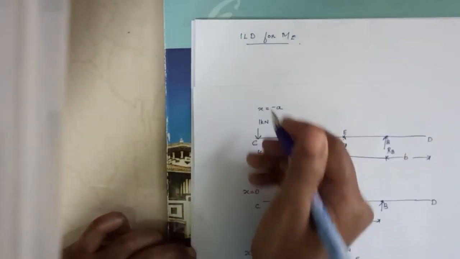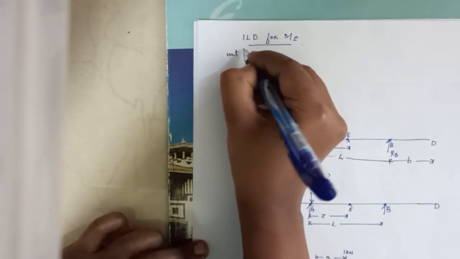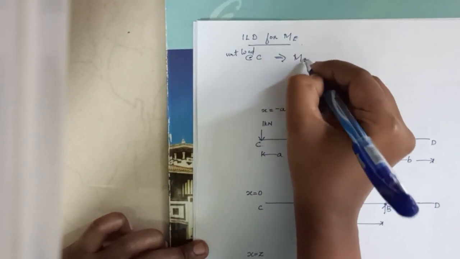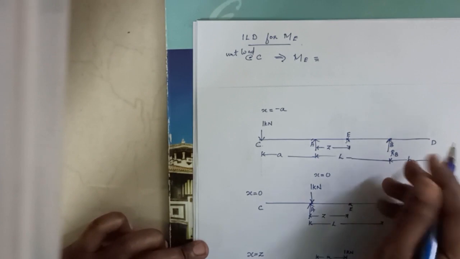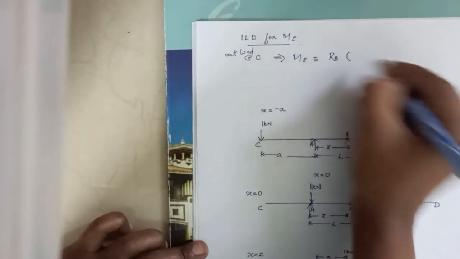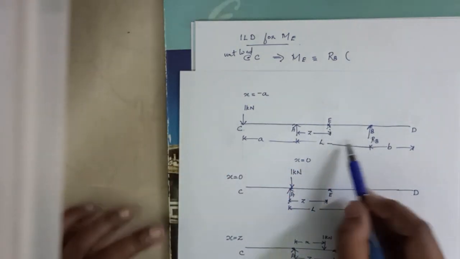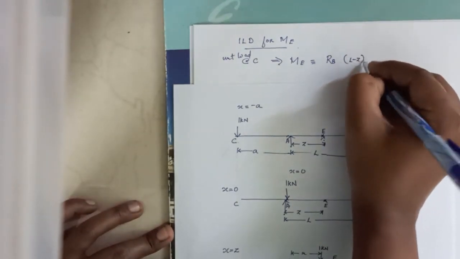Therefore, when the unit load is at C, the moment at section E will be equal to RB into distance, that is equal to L minus z. Okay.